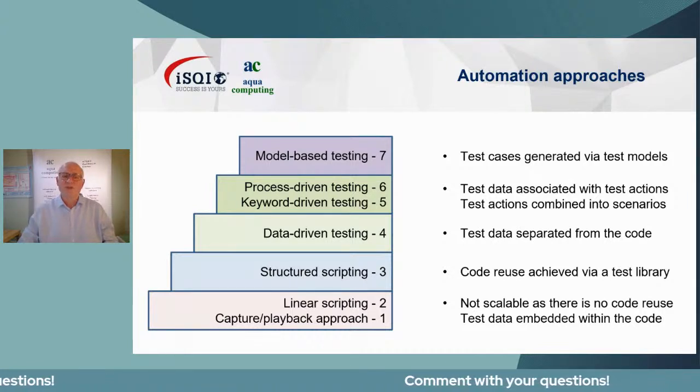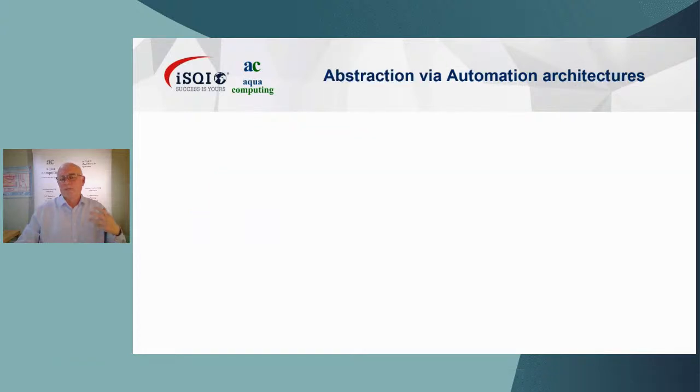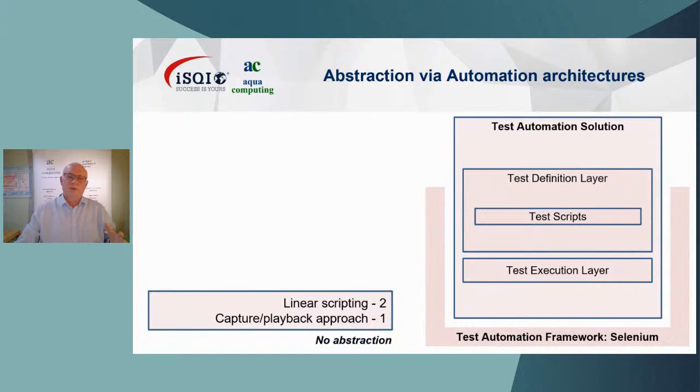So there are a lot of approaches, and they're aligned to the ISTQB generic test automation architecture. I'm going to show you a simplified version very quickly. What we've looked at, linear and capture playback, is a very simple architecture. Essentially, the framework is, in our case today, Selenium. That's what everything's sitting in.